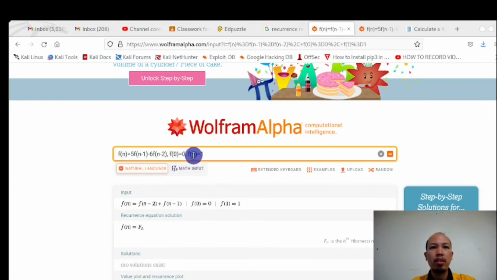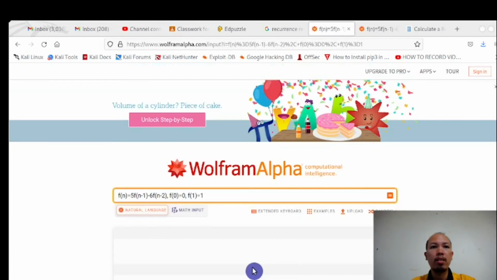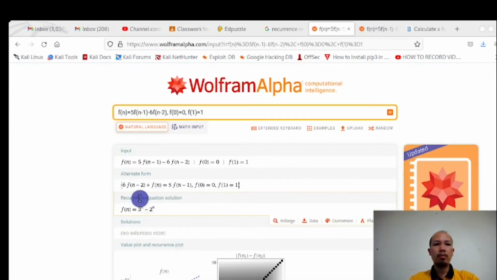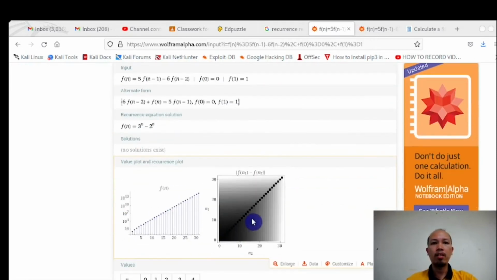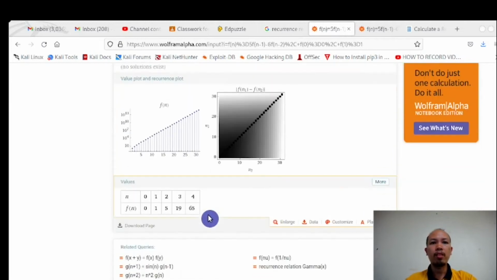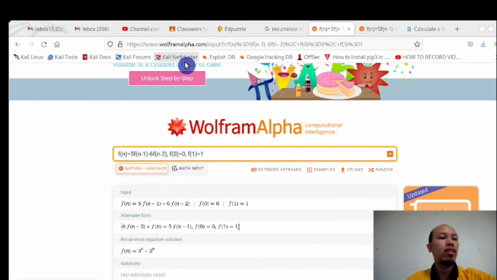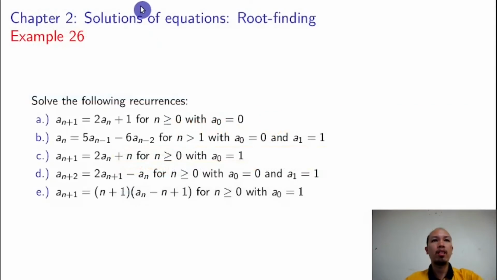And the initial condition is the same, so let's click that one, and as you can see, we have the same answer. Okay, this is the right one, and this is the graph of the sequence. I guess this is the correct calculator.